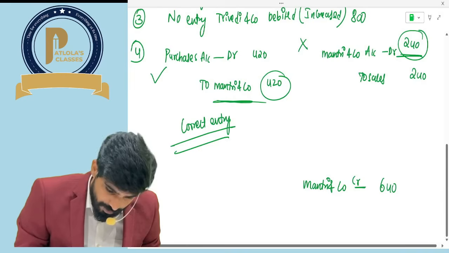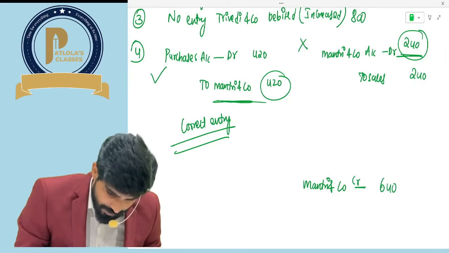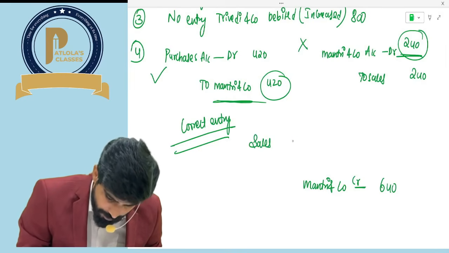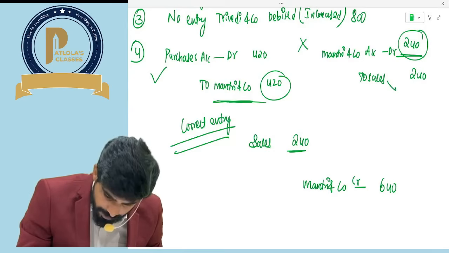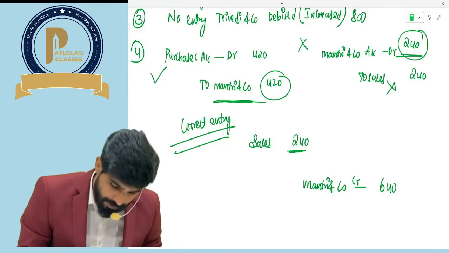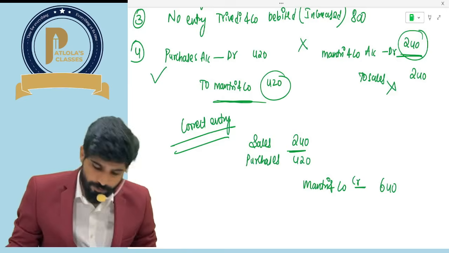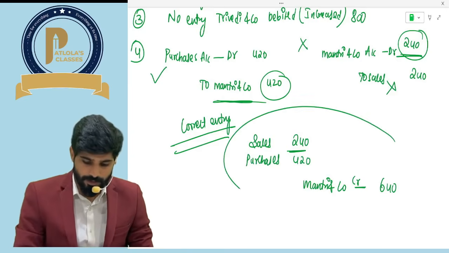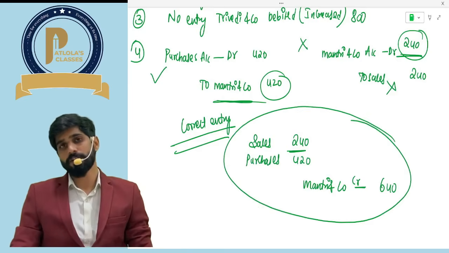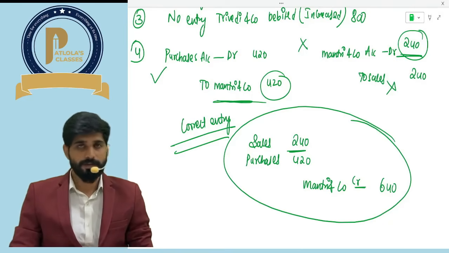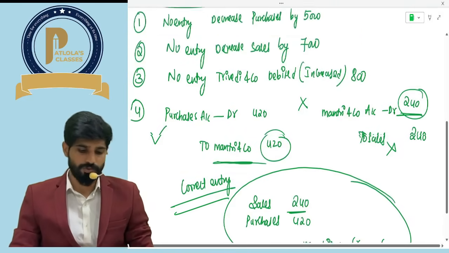Sales should be cancelled. Sales should be debited by 240 because you have by mistake credited here. Next, purchases should be actually debited. So purchases account should be debited by 420. So this becomes the correct entry when the rectification is done before trial balance. Hope you have understood this case.